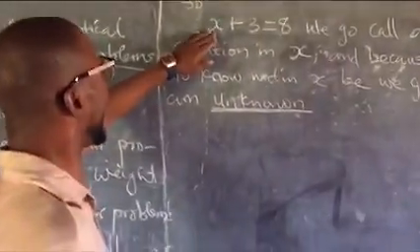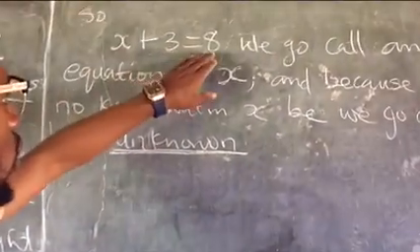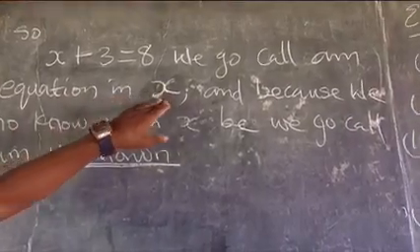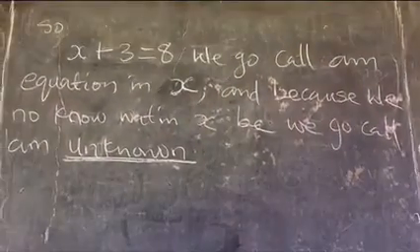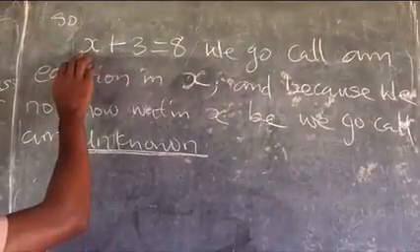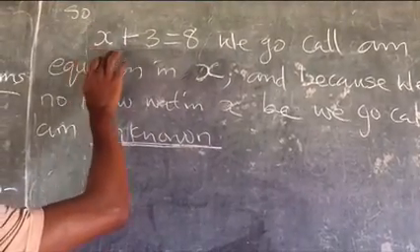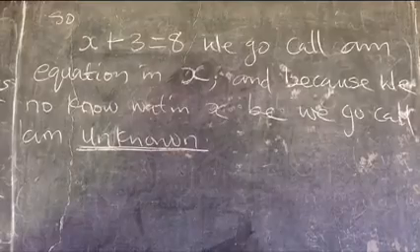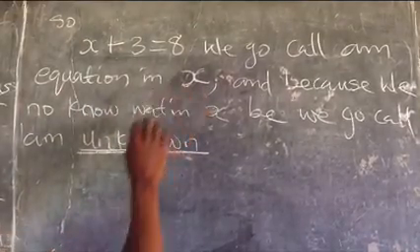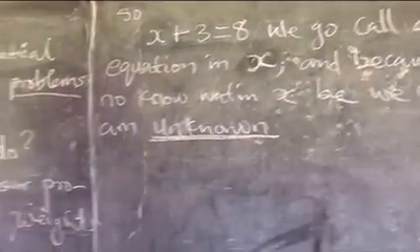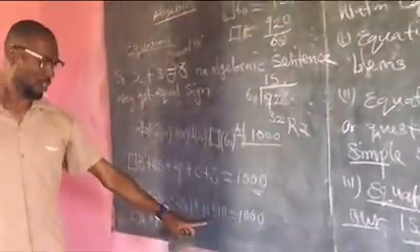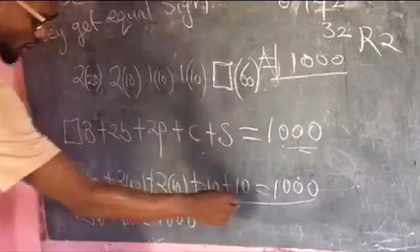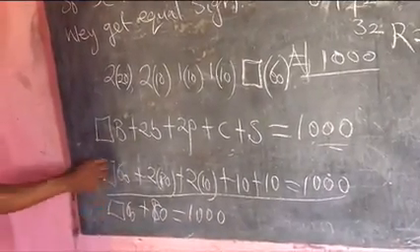So if we get x plus 3 equal to 8, we go call am equation in x. Meaning say this x, now the problem with that. Our problem here now x. Now we call an equation in x. Like the example we give for here of our school material. So this equation we don form now equation in box.